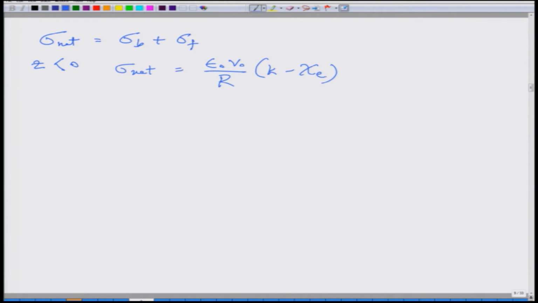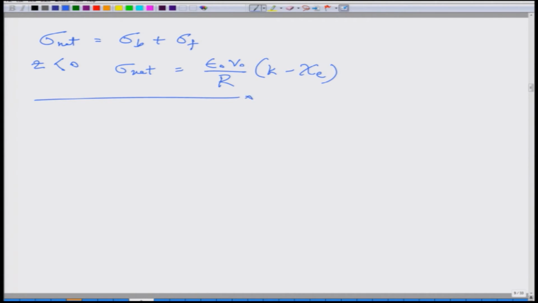Now if we calculate the net sigma, I will be getting sigma B plus sigma F. What you will find is, if you calculate it for, let's say, z less than 0, sigma net would be nothing but epsilon naught V naught by R times K minus chi E, which is the same as the net charge density on the upper hemisphere.